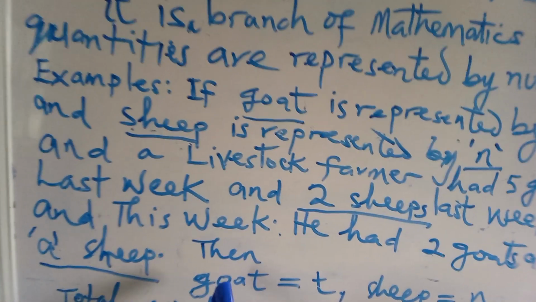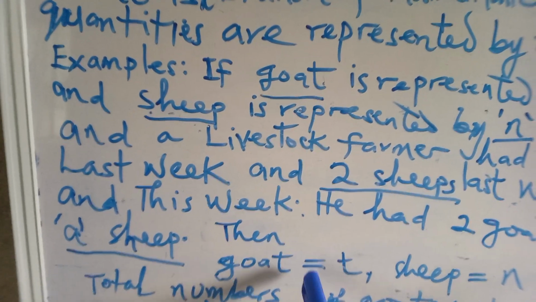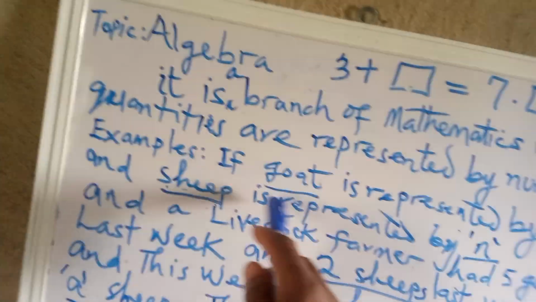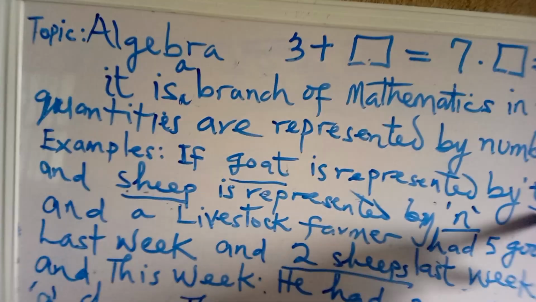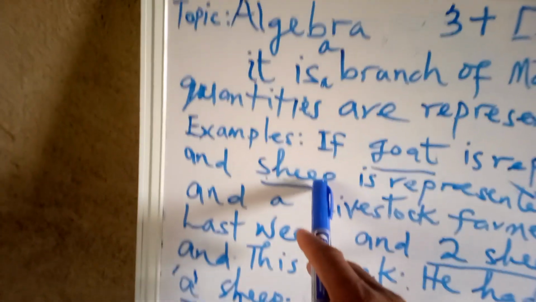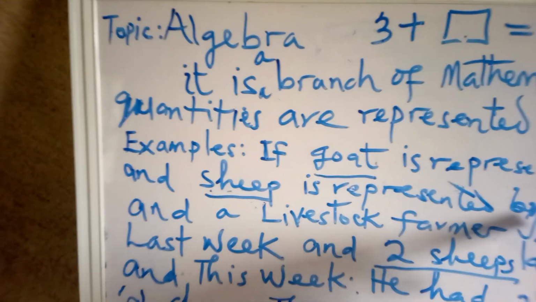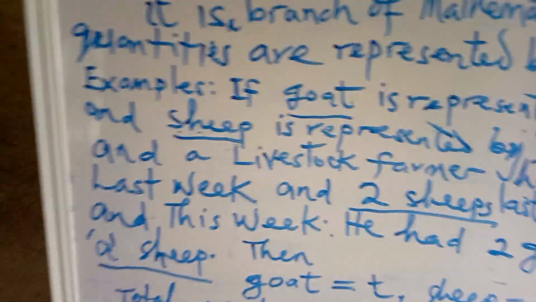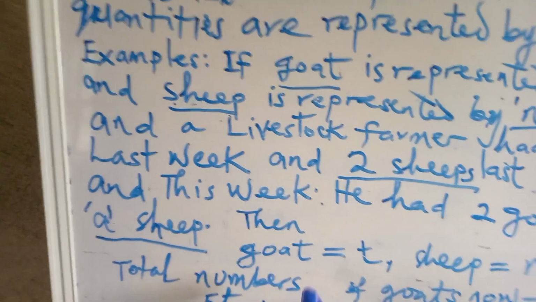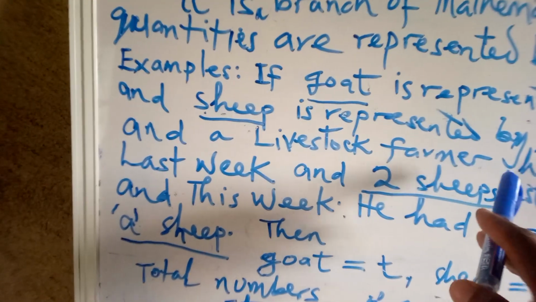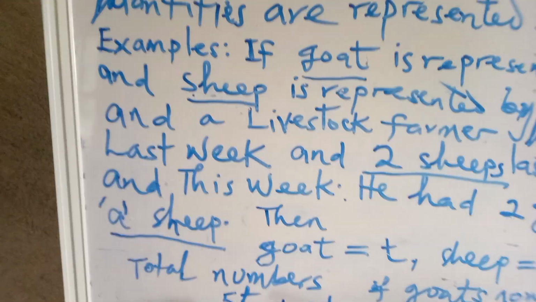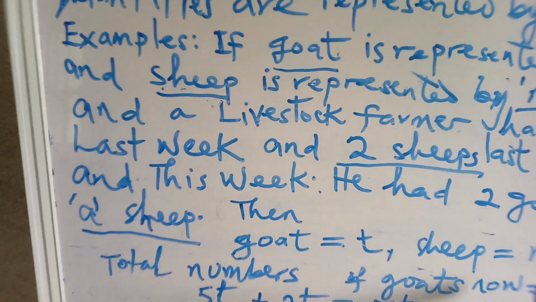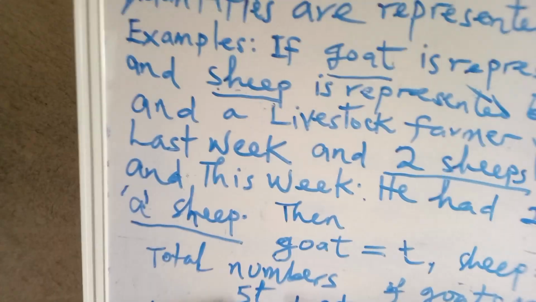Now we discover that goat is denoted by what? Letter T. Here goat is denoted by letter T, and sheep is represented by what? Letter N. Now coming back to our narration, we discover that the total number of goats put together will be what? 5T.